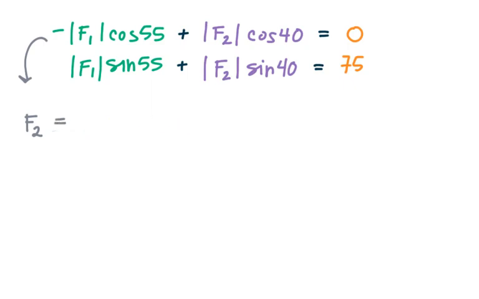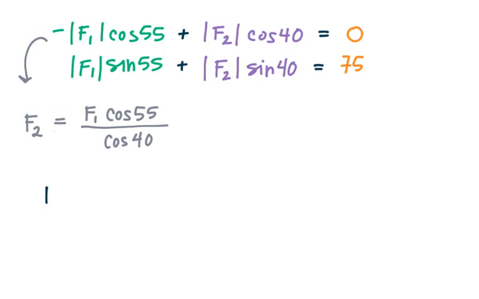So that would really give me force 1 cosine 55 divided by cosine of 40. So all I've done is take this equation, add this term to the right side and divide by cosine 40. I've now isolated force 2. Since I know what force 2 is, I can plug it into the other equation for force 2, and then I'll have an equation with only one variable, force 1.